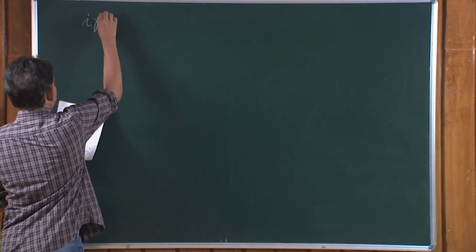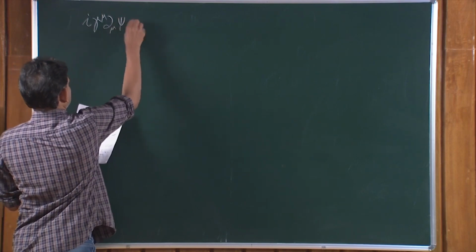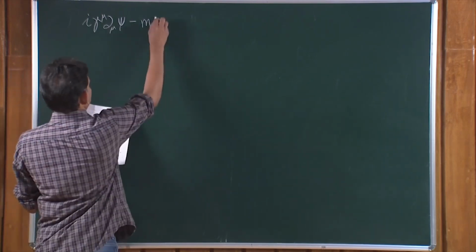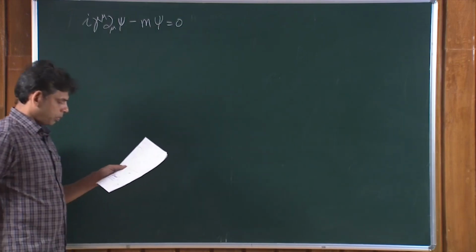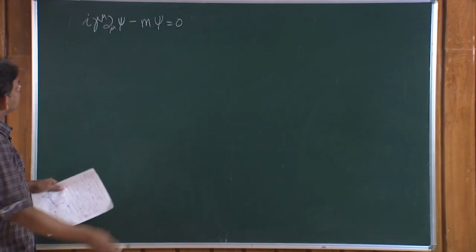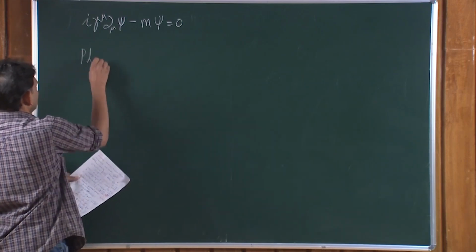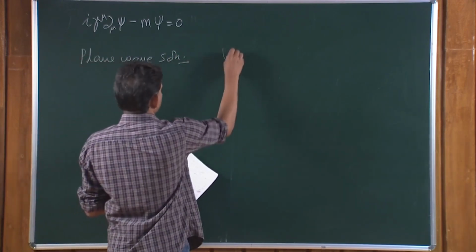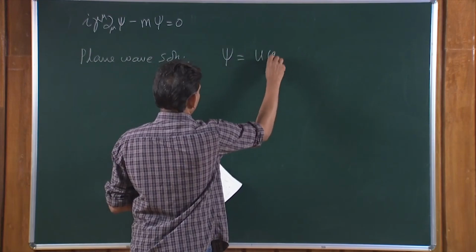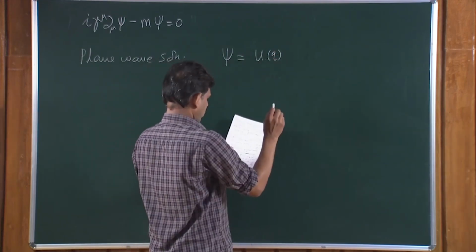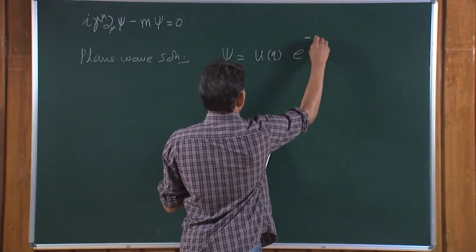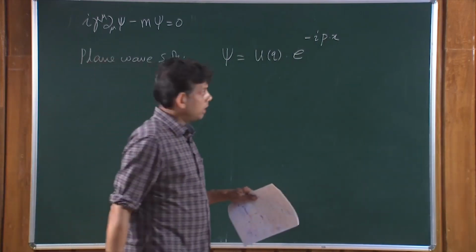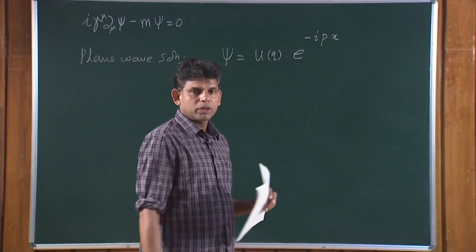The Dirac equation, the way we had written it, is this operator i gamma mu del mu acting on psi minus m psi is equal to 0, and let us consider a plane wave solution of the form: take psi to be some u depending on the momentum only, and all the space dependence through an oscillatory exponential, minus i p dot x.